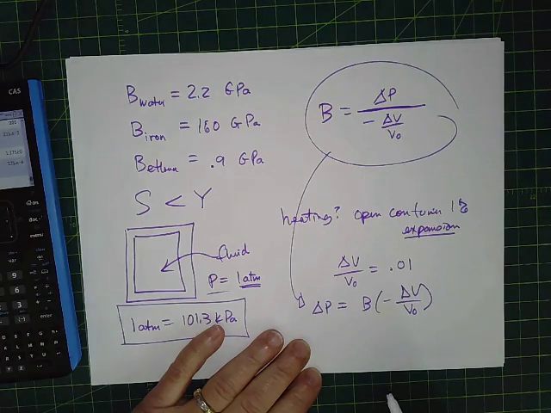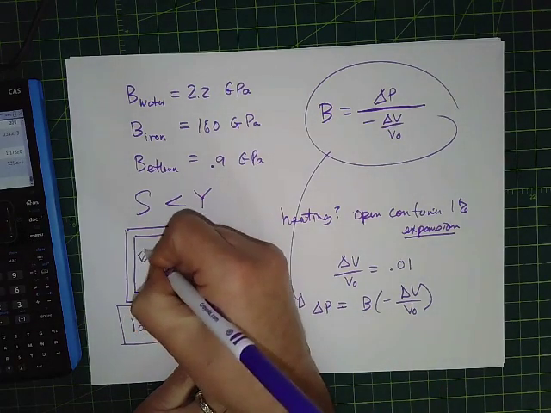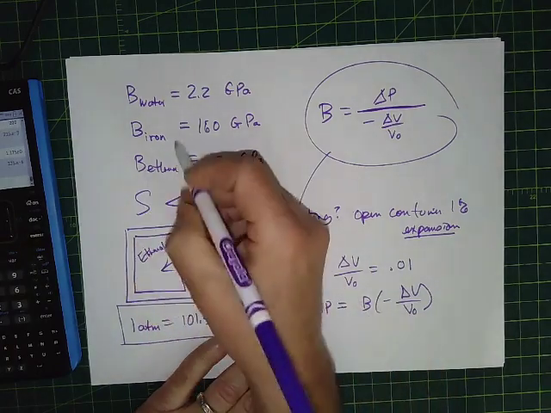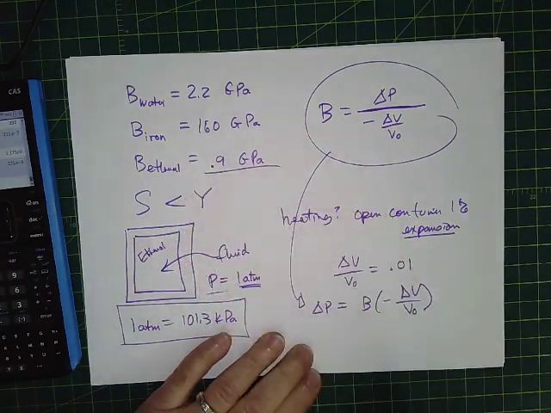All right, and so we need to get some sort of bulk modulus for this stuff. I guess we're just going to say it's ethanol. We had the bulk modulus for ethanol, which is 0.9 gigapascals.